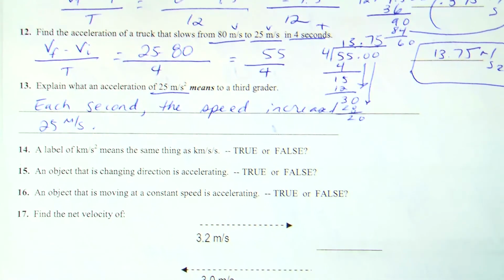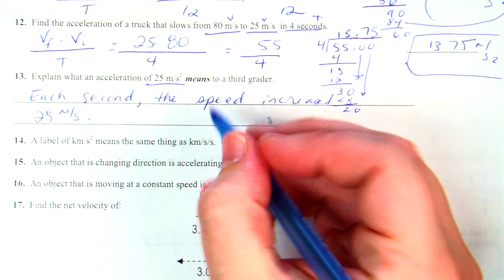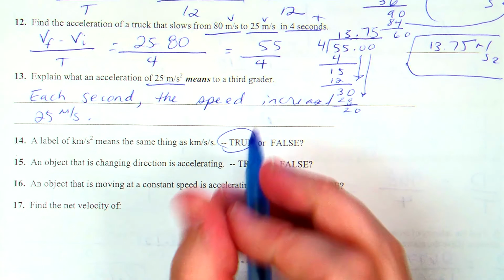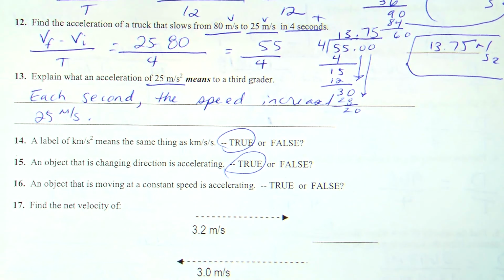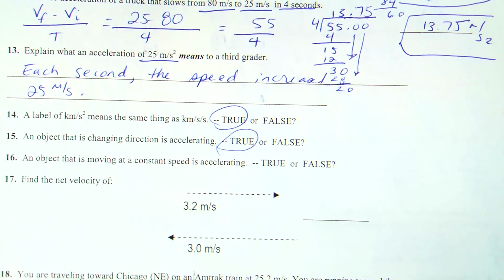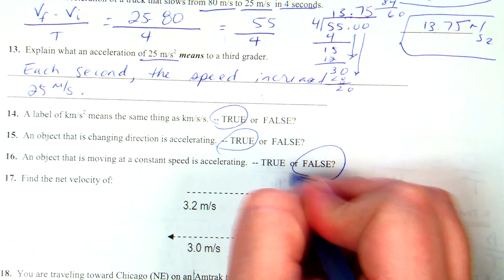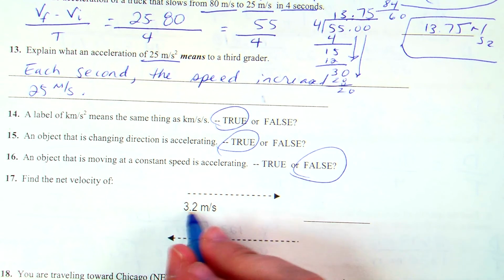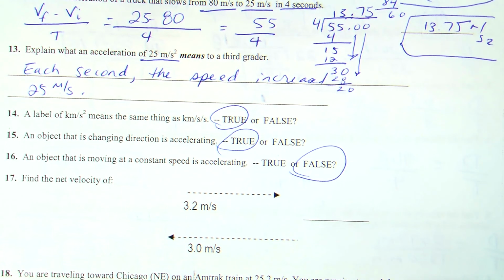A label of kilometers per second squared means the same thing as kilometers per second. That is false. An object that is changing direction is accelerating, true, straight from the review. An object that is moving at a constant speed is accelerating, false. The net velocity, so you just had to subtract these two because they're going different ways. The arrows were a little confusing.